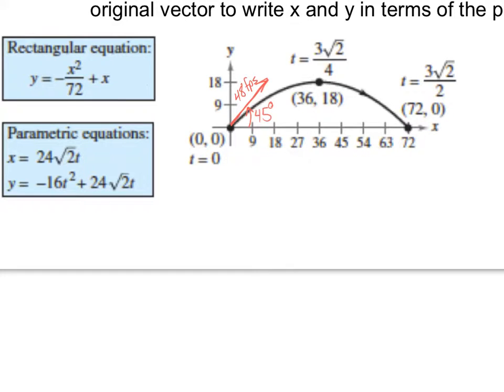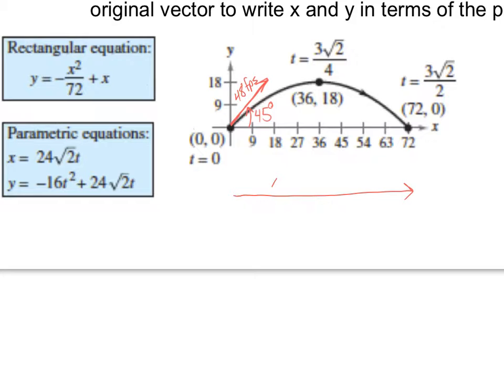First of all, horizontally. Horizontally, there's no opposition. We're not going to slow down moving horizontally. It's not like the wind is blowing at us or anything like that. It's going to be going the same speed the entire time.